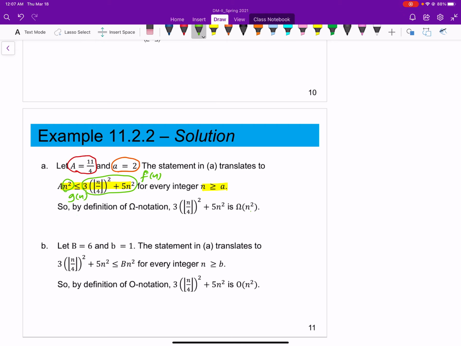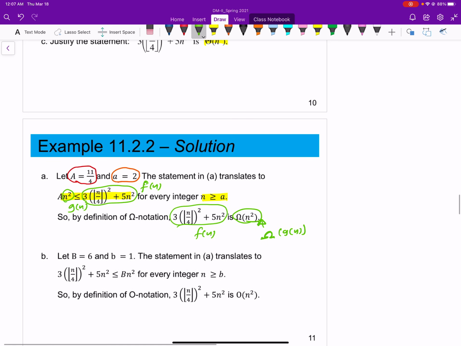So this means omega g of n. Let me correct omega. All right, this is same as f of n. And let's move to the next problem.